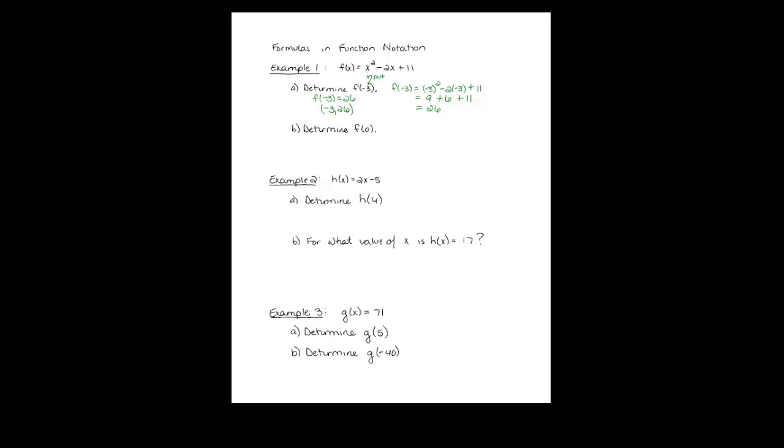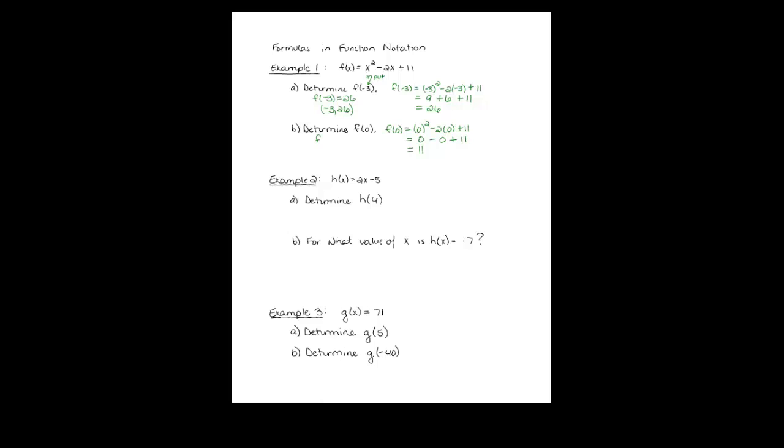In part B, same idea. This time we're asked for f of 0. 0 is going to be the input, so we're going to replace all of the x's with 0. So we have f of 0 equals, replacing all of the x's with 0. There we have 0 squared minus 2 times 0 plus 11. Equals 0 squared is 0, minus 2 times 0 is 0, plus 11 gives us 11.